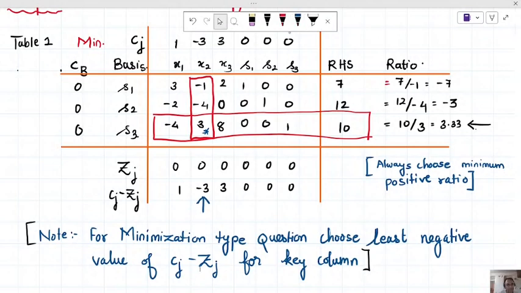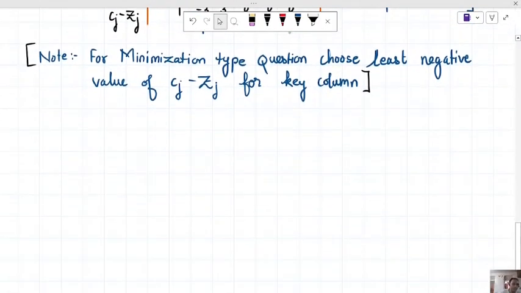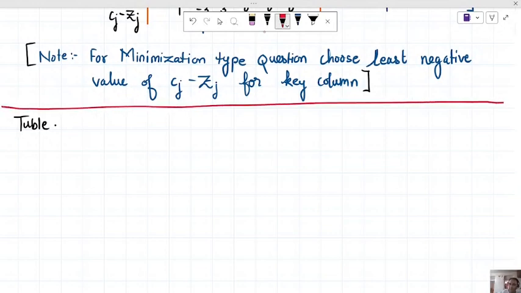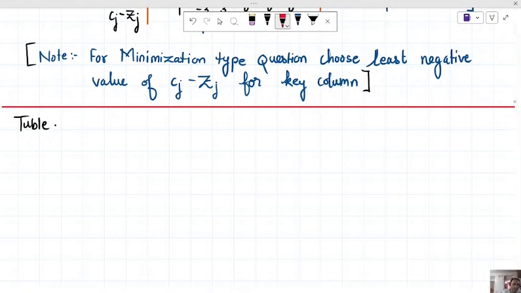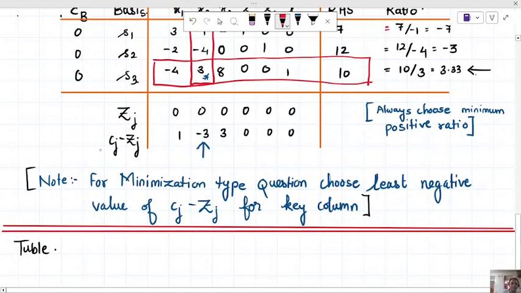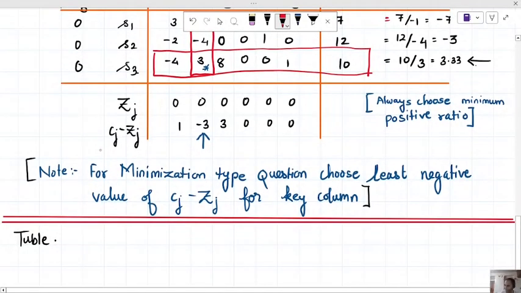Now we go for calculation of the next table, table number 2. Let us see how to handle table 2. For making table 2, I'll draw a double red line that helps to understand. Now we have got table number 2. The Cj row remains the same. Now we have to say who is entering and who is leaving.